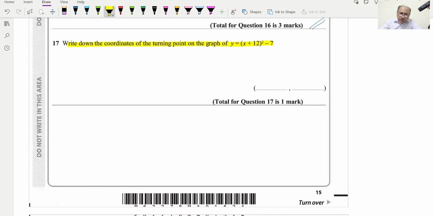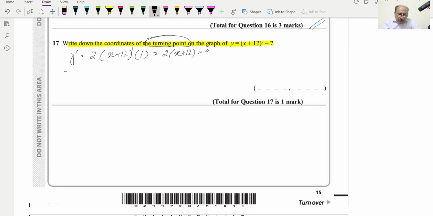So for the turning point we will have to take the derivative, so y dash of x will be equal to derivative of this, 2, power will be pulled first, and (x plus 12) raised to the power 2 minus 1, so it will be 1, into derivative of x which is 1, and this will be equal to 2 into derivative of minus 7 is 0 basically, so 2 into (x plus 12) is equal to 0, and we are putting it equal to 0 because this is the turning point, so gradient will be equal to 0.